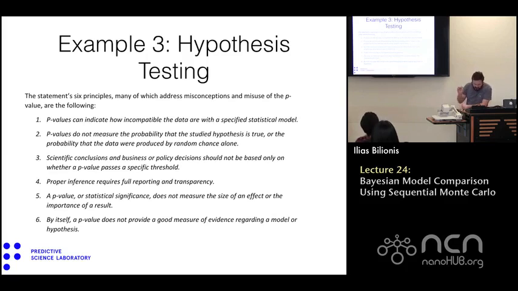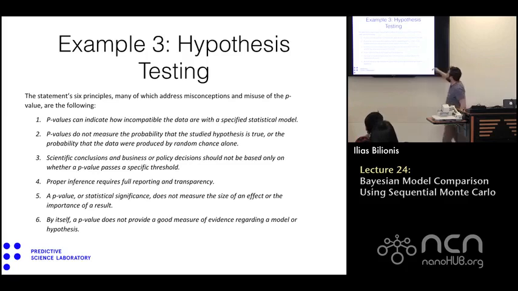But p-values do not measure the probability that the studied hypothesis is true, or the probability that the data were produced by random chance alone. And this is how people do interpret them. That's why they have to say that it is not that thing. Now, the Bayesian approach can actually give you that very thing, that probability, and that's why it's useful.